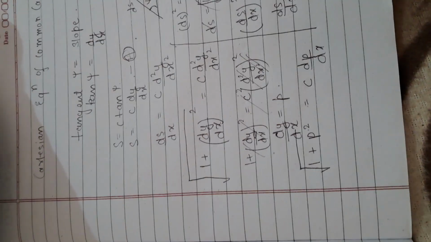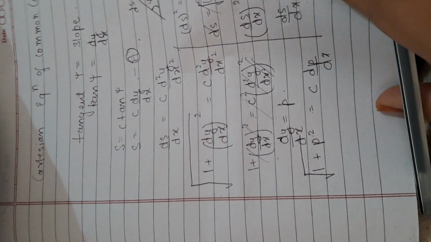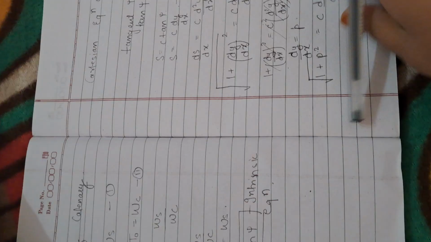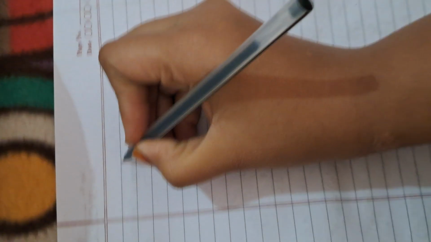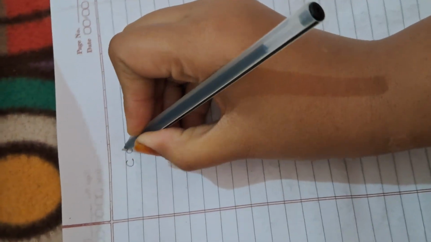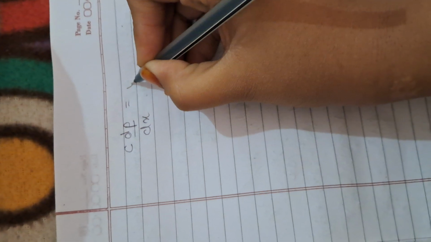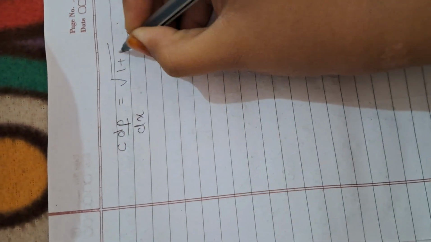Next we will transpose the values. We write the equation again: c dp by dx equals root over 1 plus p square.